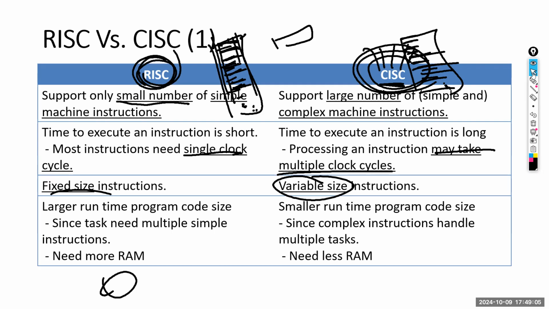CISC processors are more complicated because they support a large number of instructions at hardware level. Therefore, they need more logic gates and so on. But they are a little bit faster at the expense of complexity, and of course the processors are more expensive. So that is RISC versus CISC.